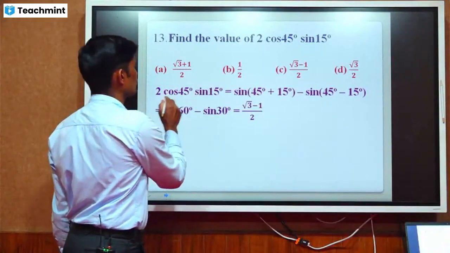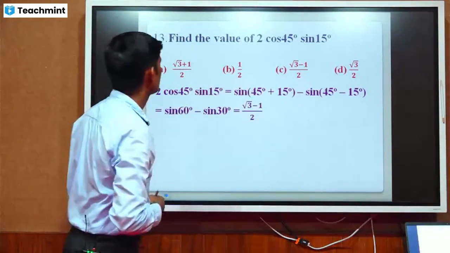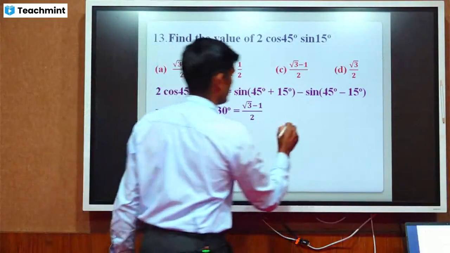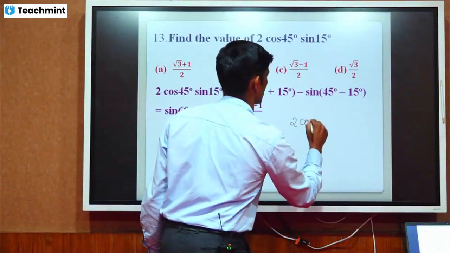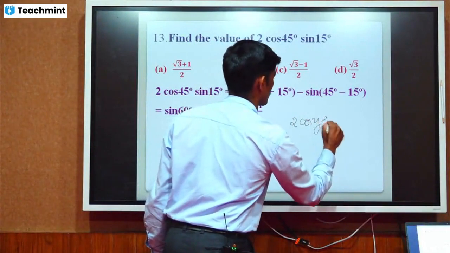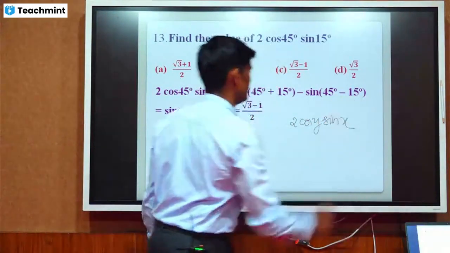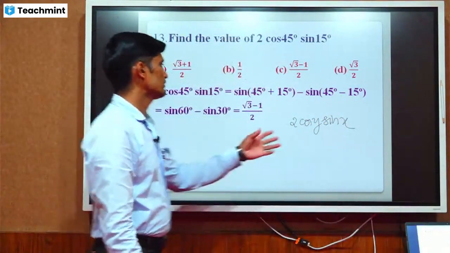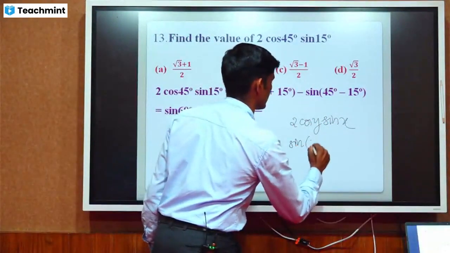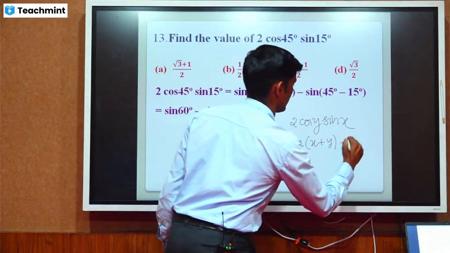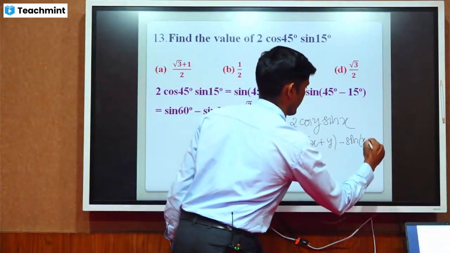If you do not know the value of sin 15 degree, then we can write this as 2 cos x sin y, or sin x cos y. That is obtained by using the sin of x plus y minus sin of x minus y formula.